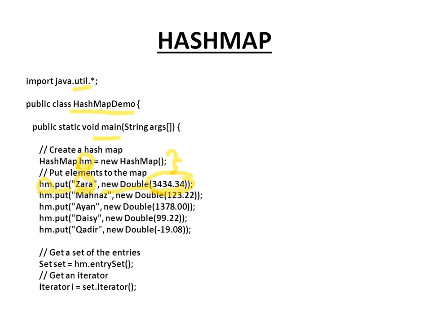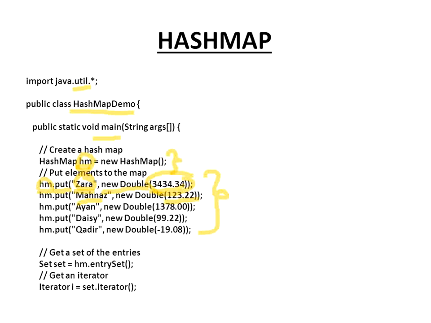Now again, hm.put Mehnaz, comma new Double 123.22. So here you can see we have some elements that are inserted inside a map by using the dot put method.